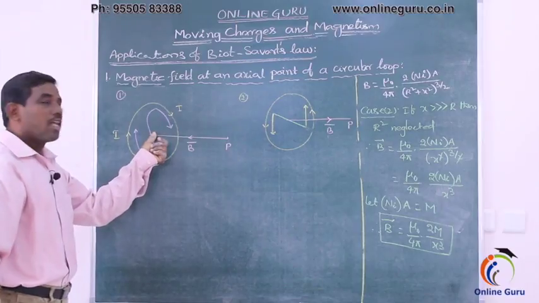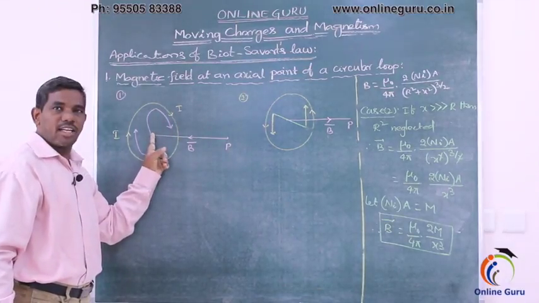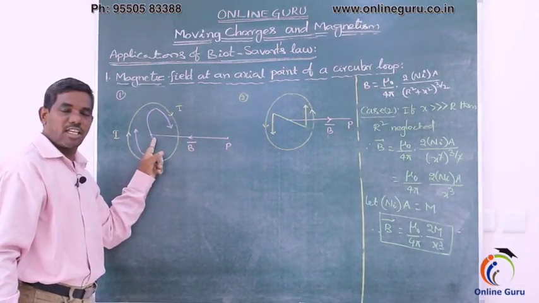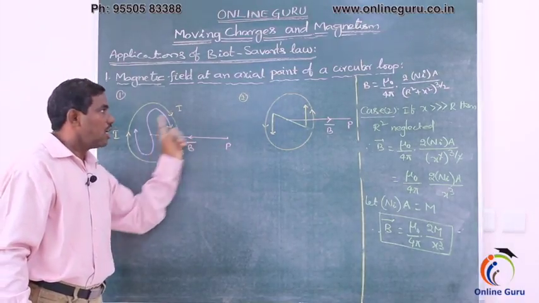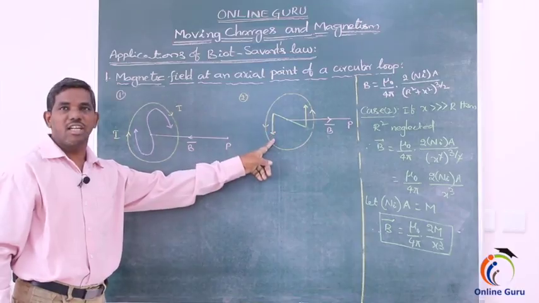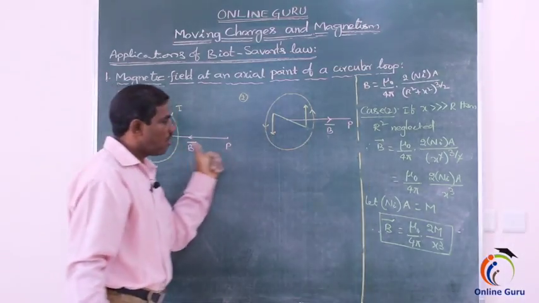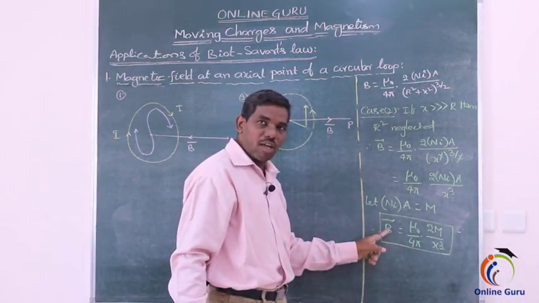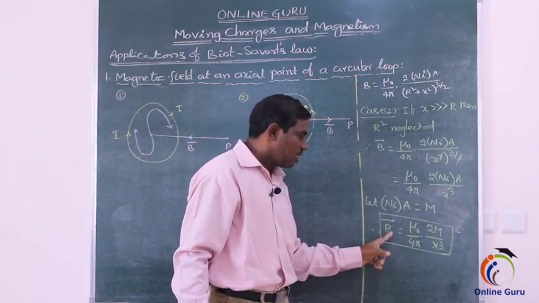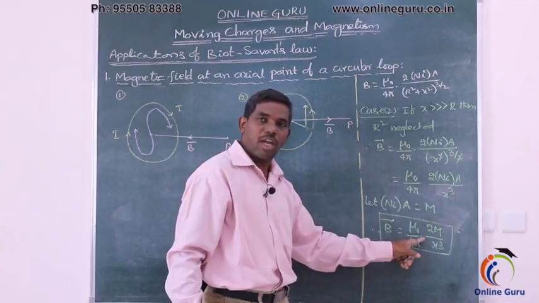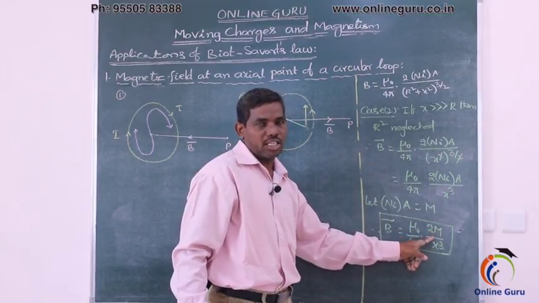Due to the south pole of the magnet, the magnetic induction acts radially inward. These are the two graphical representations for the poles of a magnet according to the equation for the magnetic induction, B is equal to mu naught by 4 pi into 2m by x cube.